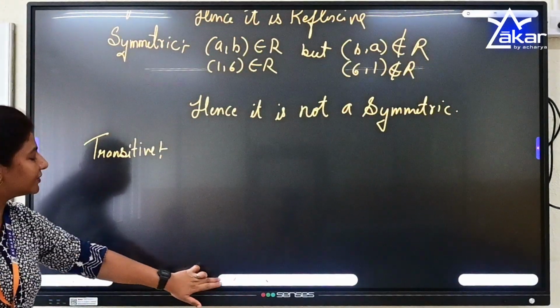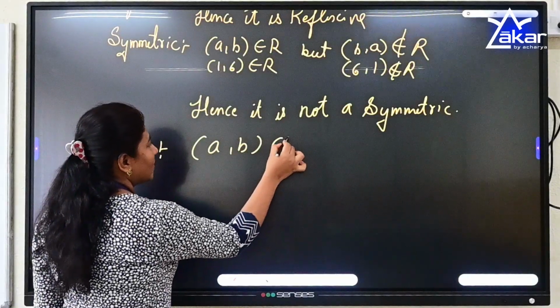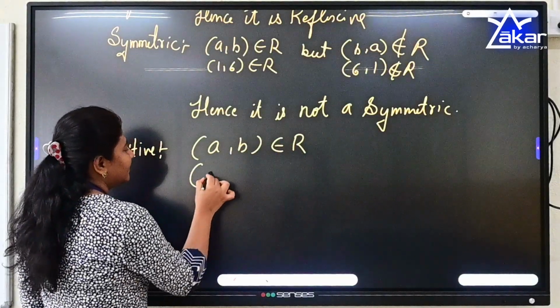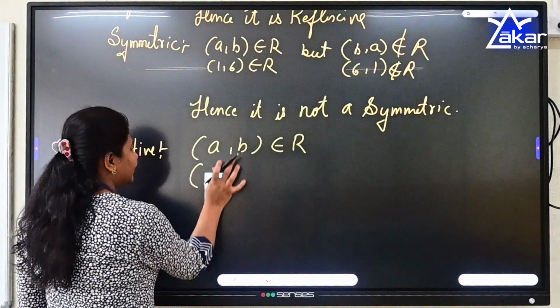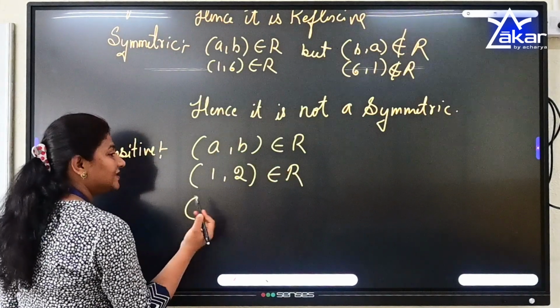So according to the transitive condition, what does it say? A comma B belongs to R. If I take the elements 1 comma 2, it belongs to R. Next, what is the B condition?